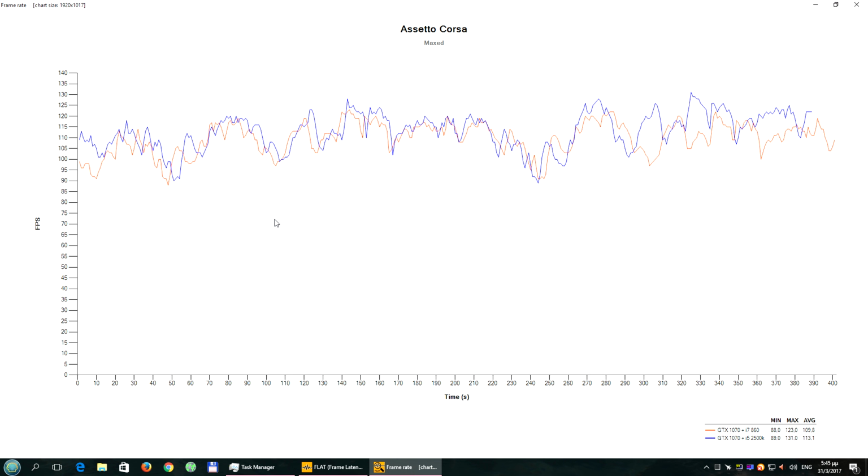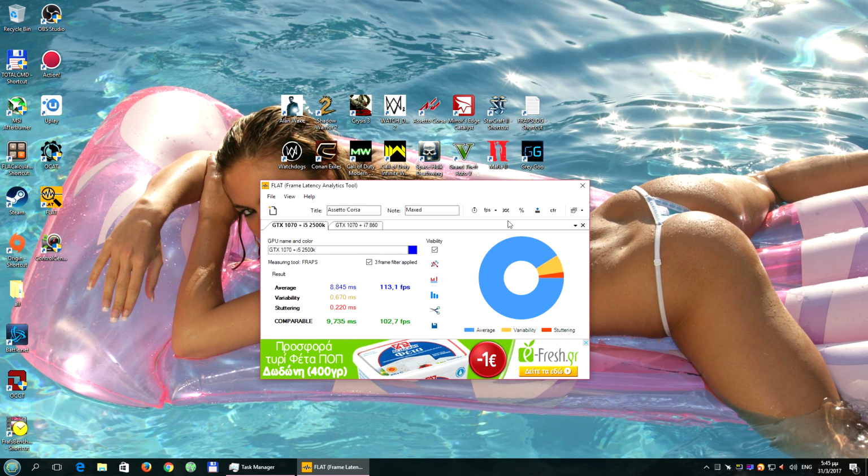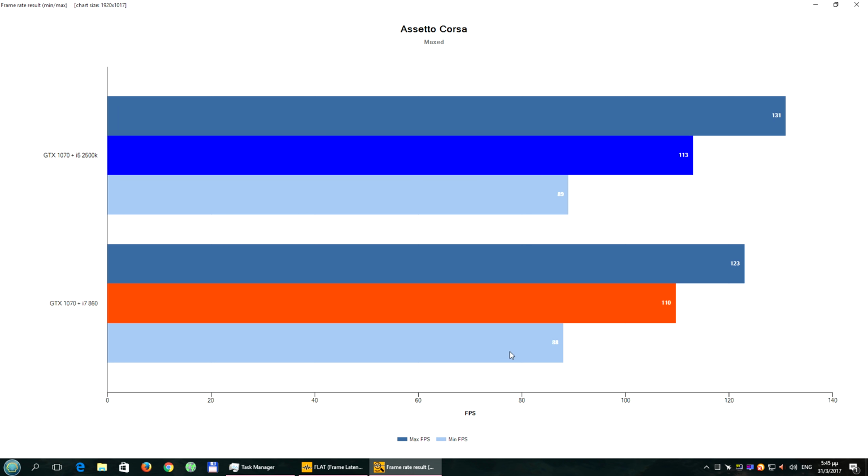The frame rate is very close together, tiny differences for the two runs, very similar, very good performance from the 860. Min, max and averages are also almost identical.